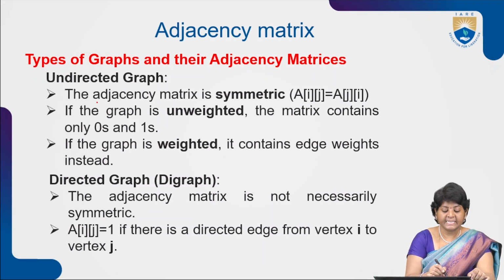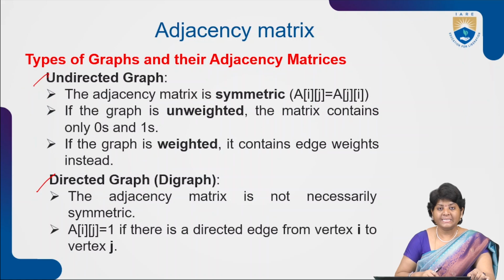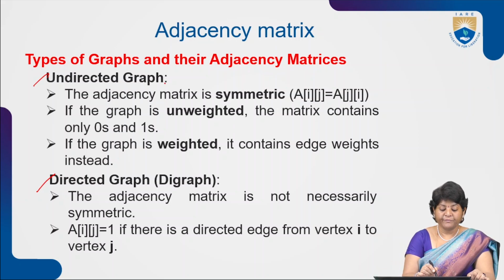Here, we will discuss undirected graph, directed graph, weighted graph, and graphs with self loops. Together, we discussed how we will mark when the edge is established and when the edge is not established.